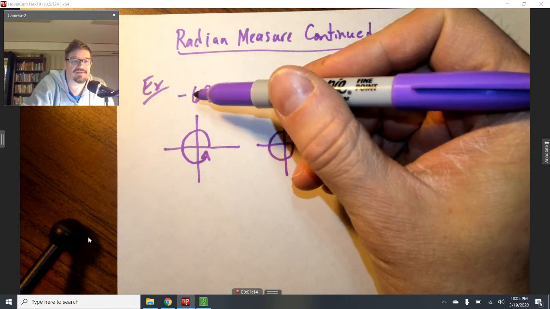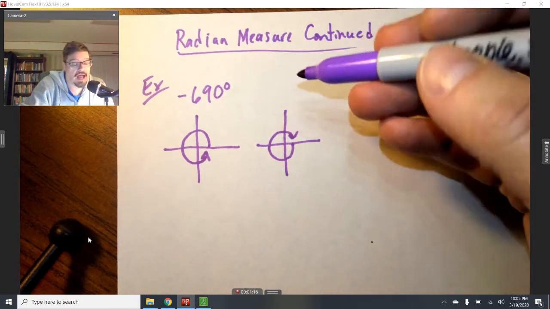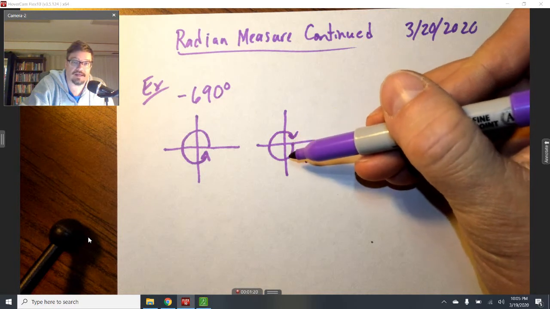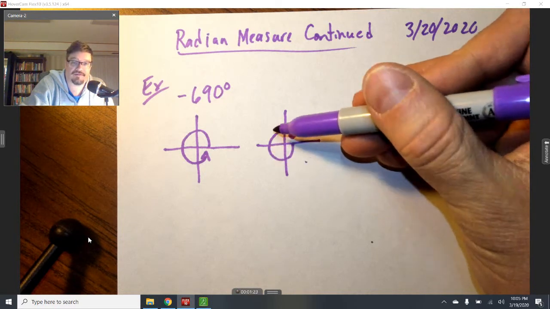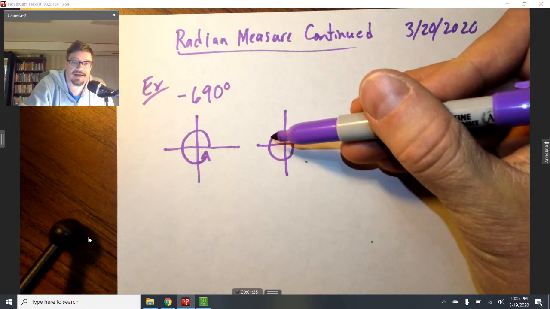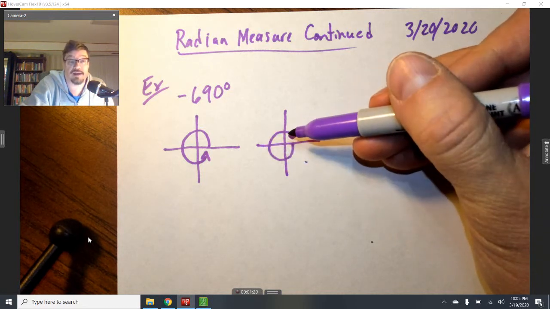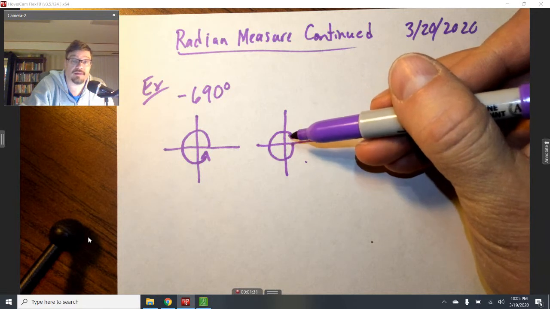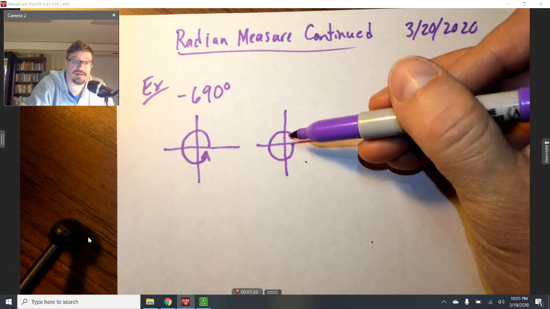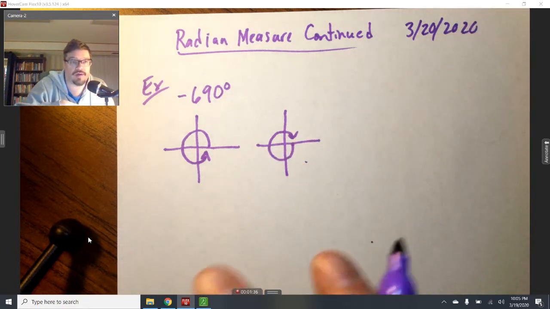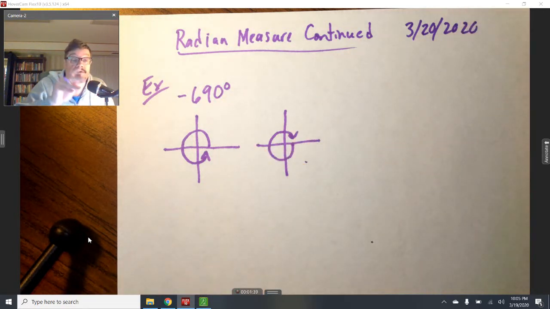So if I'm going negative 690 degrees, I want to imagine this going well over 360, because that's a full circle, but not quite 2 times, because 2 times would have been negative 720. So I'm probably somewhere here in the fourth quadrant, but I'm turning in this direction. But that is irrelevant if you want to convert it to radians.